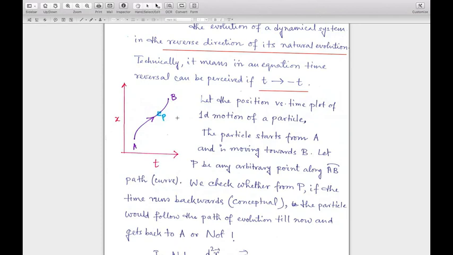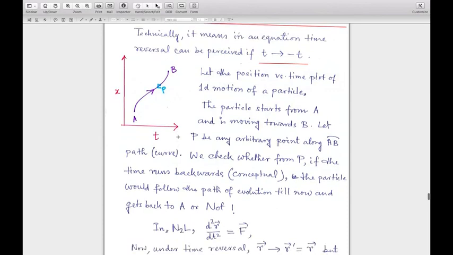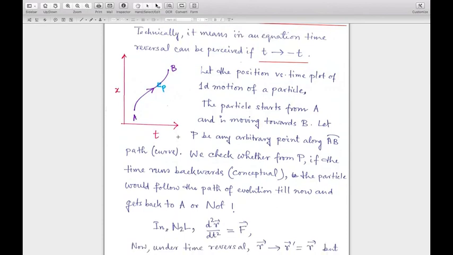But now if we assume that at an intermediate point P, during its motion, suddenly the time starts flowing backward, then the question is whether starting from P the particle should retrace its own path, following which it reached P from A, or not. If it really recovers its own path and reaches back to A, then of course we will say that the evolution is symmetric under time reversal.